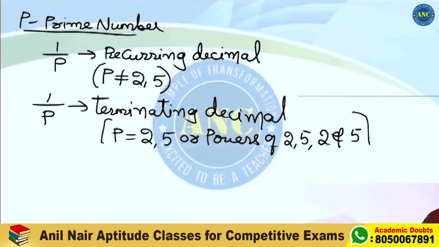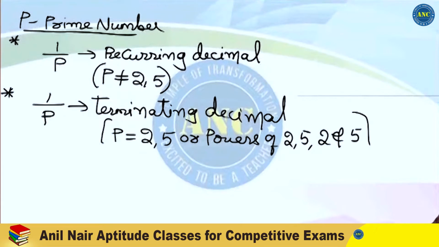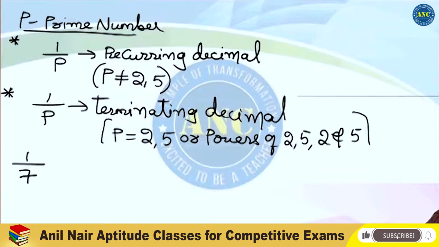Please make a note of it. 1 by P is a recurring decimal when P is not 2 or 5. Suppose it is 1 by 7, P is not 2 or 5.